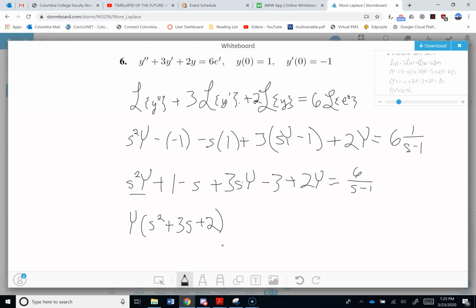And then everything else needs to go to the other side. So this is going to equal 6 over s minus 1, plus 3 plus s plus 1.